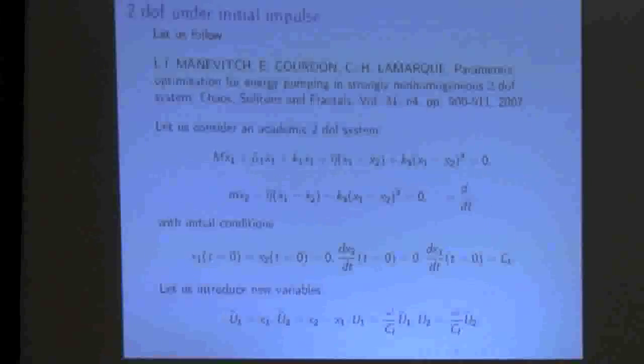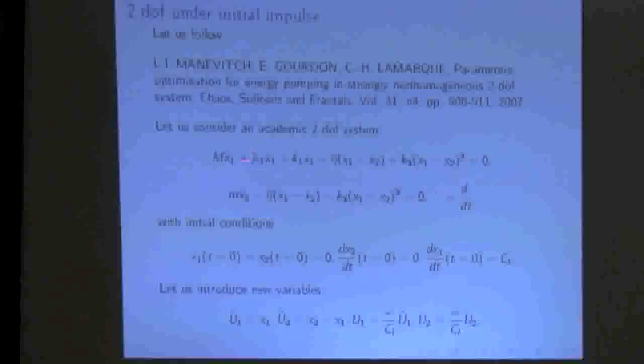Now let us come back to the same kind of problem. It means 2 degrees of freedom, and in some sense let us try to use another technique to make optimization of a nest. So it's based on a paper with Leonid Manevitch and Emmanuel Gourdon.